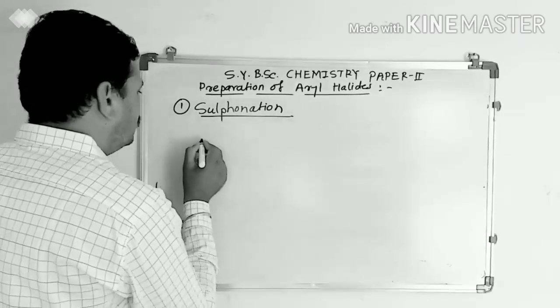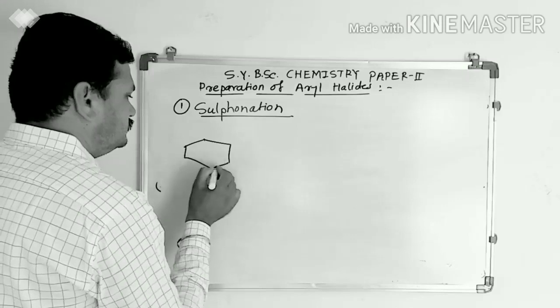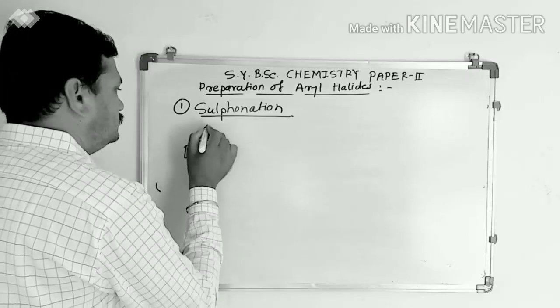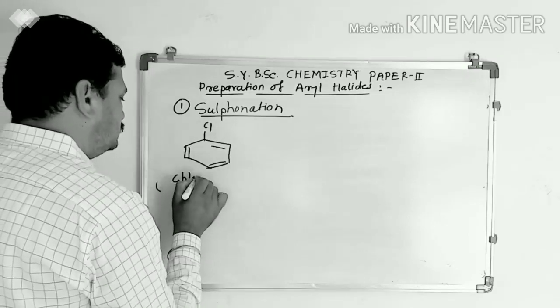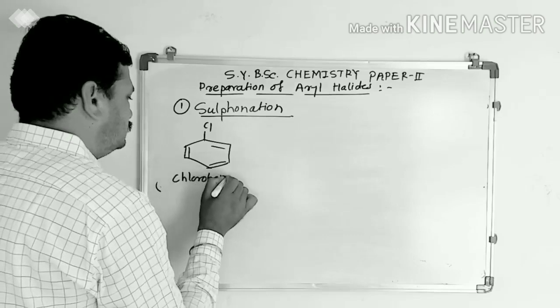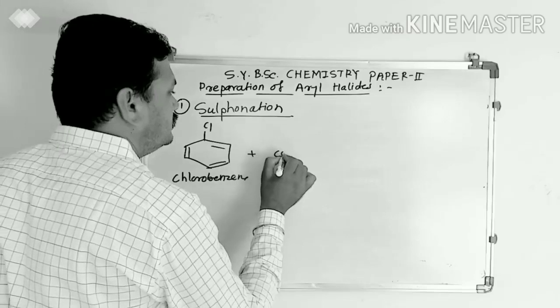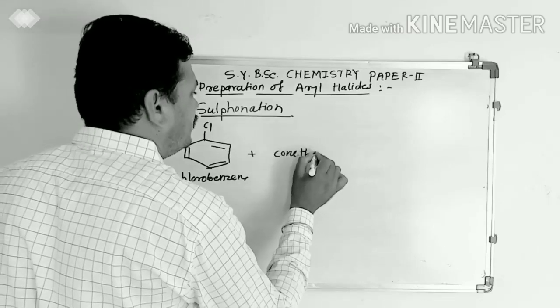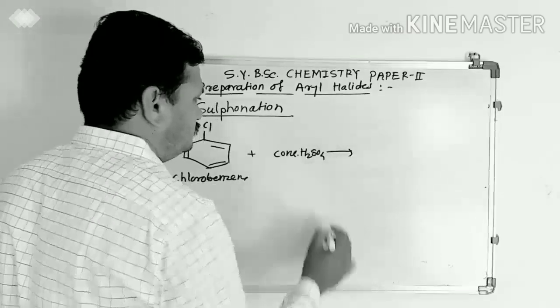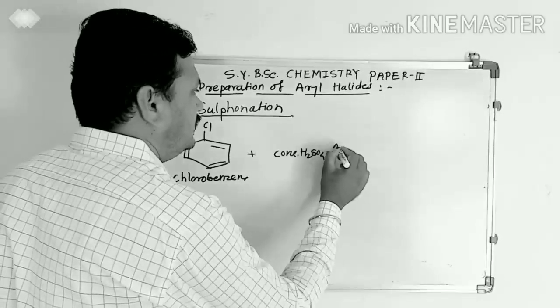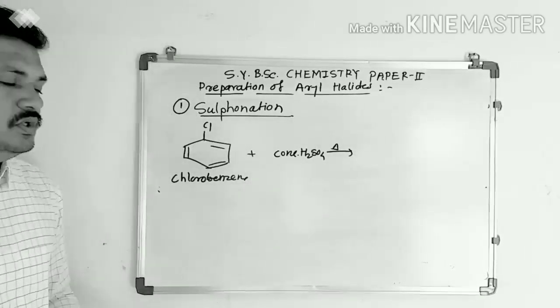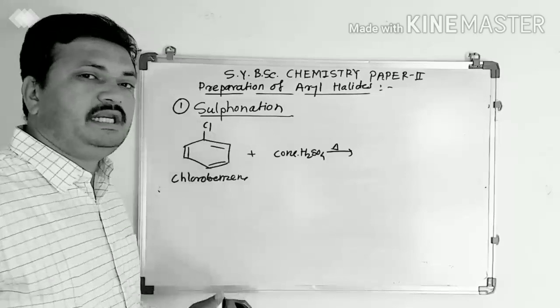Third reaction is sulfonation. When chlorobenzene is treated with concentrated H2SO4, when it is heated with concentrated H2SO4, then sulfonation takes place.